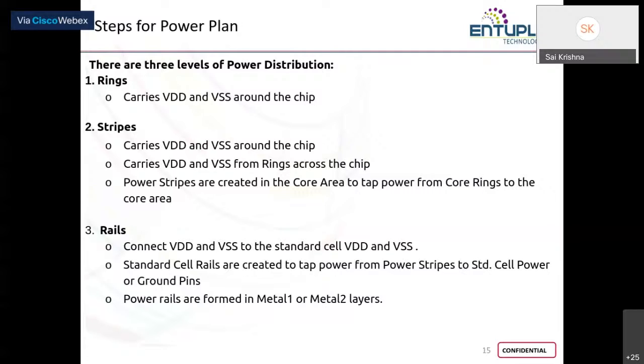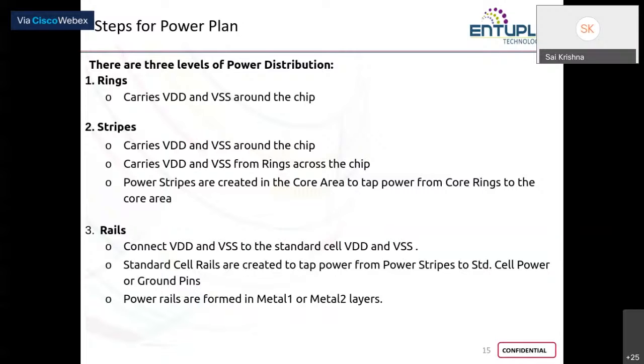Higher width means higher area of cross section. Resistance is equal to resistivity times length divided by area of cross section, so the higher the area of cross section, the lower the resistance. That is why we use the top two metal layers.